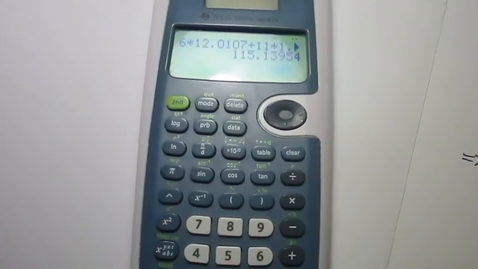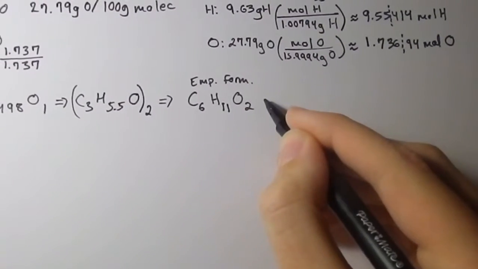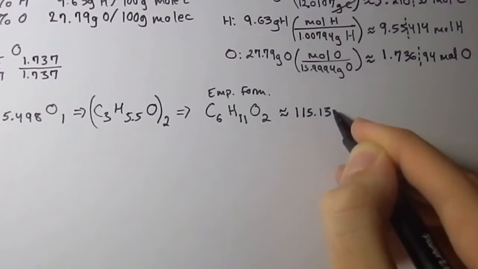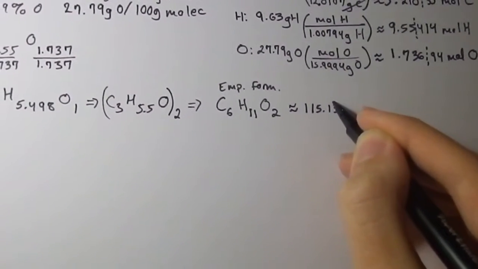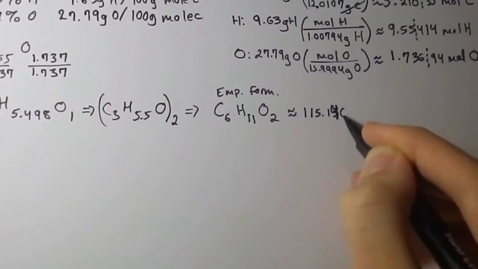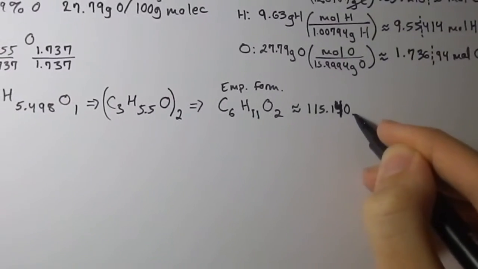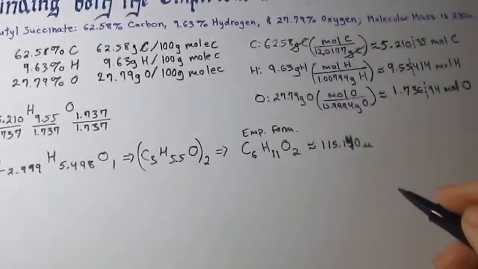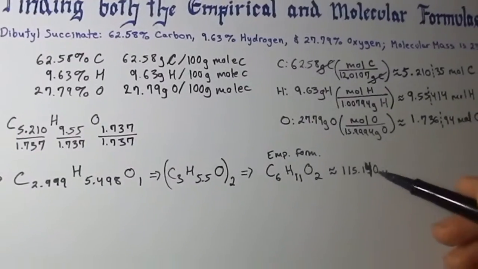More precisely, and to save time on talking, the molar mass of C6H11O2 is approximately 115.13, or 115, just rounding, and that should be atomic mass units, we'll call it. So that's how you get that.